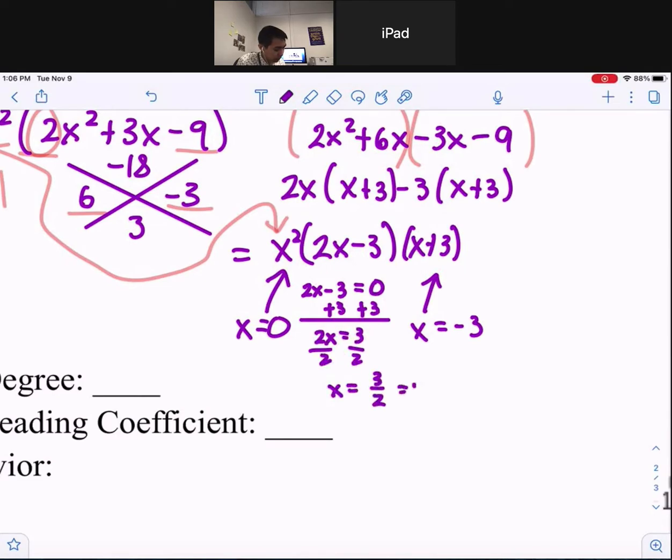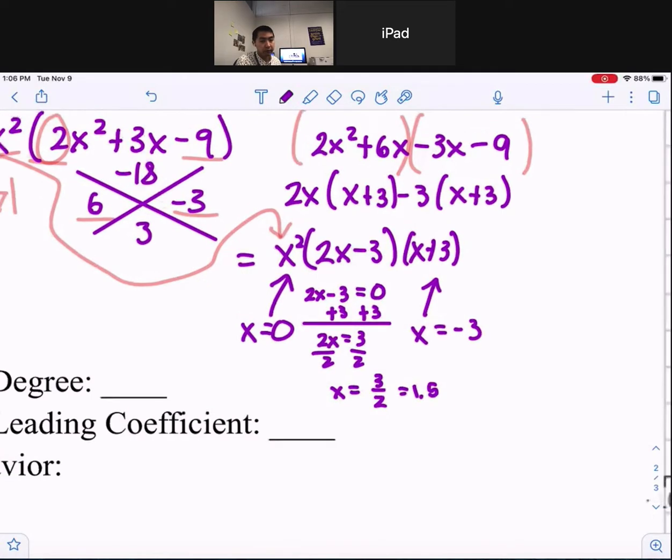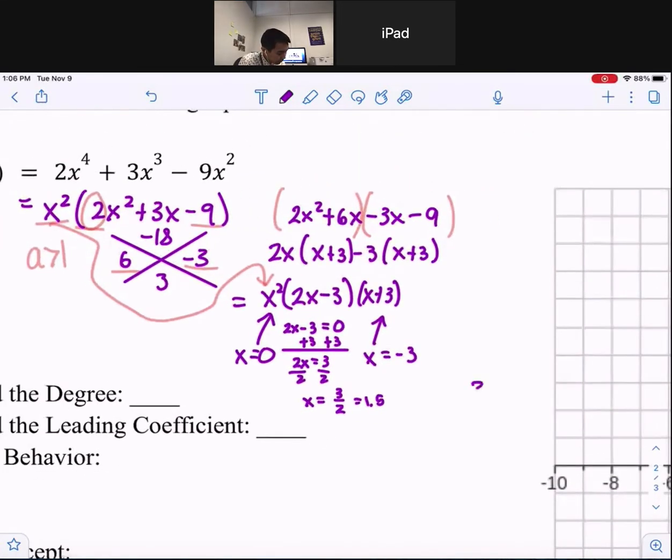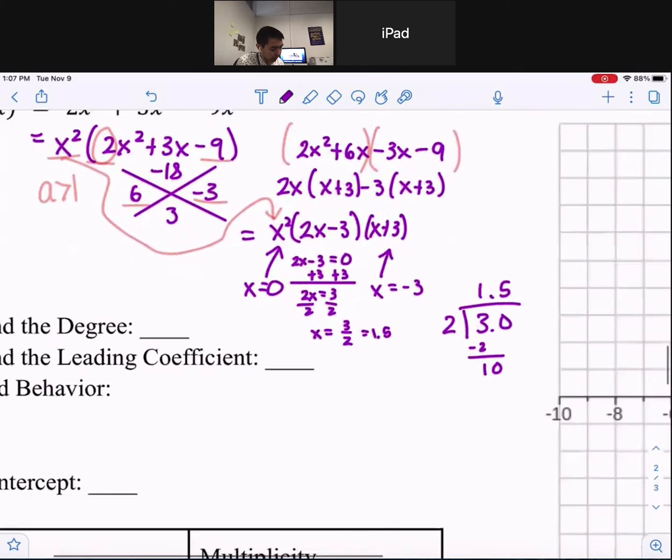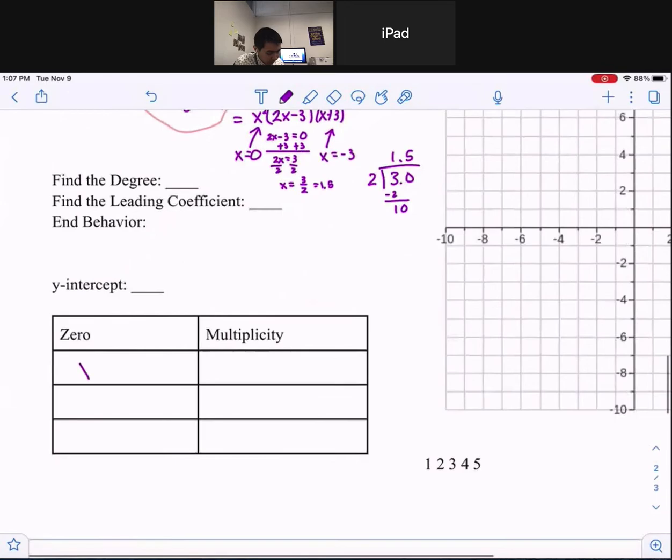And if you don't know what 3/2 is, that's 1.5. 2 goes into 3, 1.5 times. So x equals 0, x equals 3/2, which is 1.5, and x equals -3.